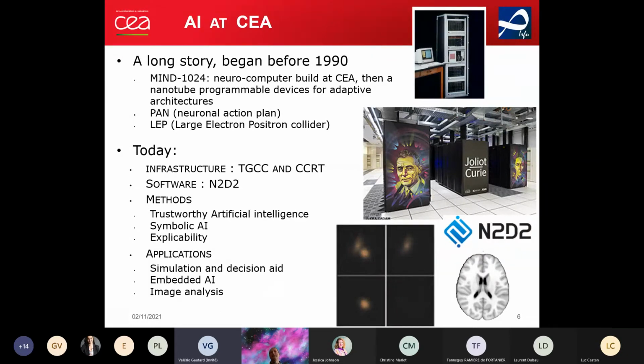For the method in AI, we must distinguish the research on the method and the use of this method on use cases. For the method, we have research on trustworthy AI. Trustworthy AI means how we can trust the AI results. Symbolic AI is based on a system of rules.